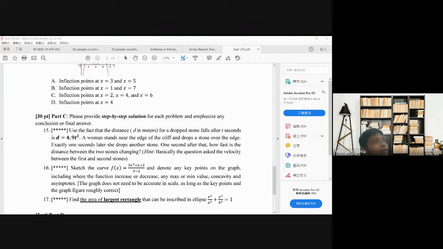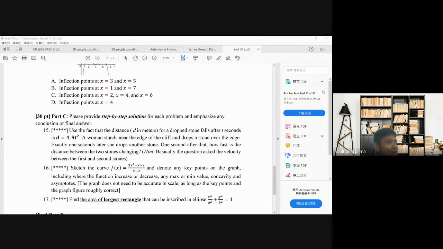Hey, sorry, not 1. It should be identity. What the identity means is that it equals x.